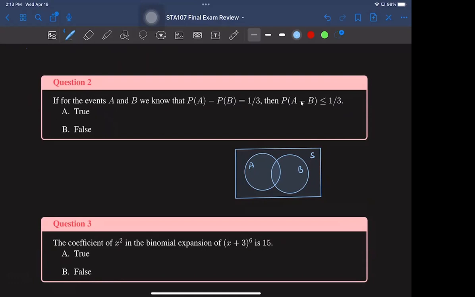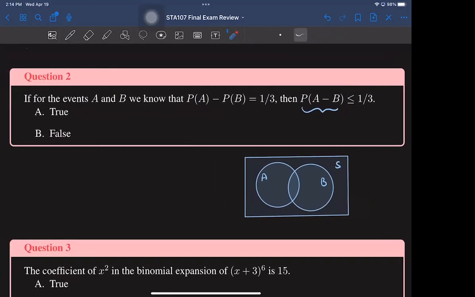Let's break this down. This one says that the probability of A exclude B is at most 1 over 3, and A exclude B is this part. Okay, I see some student answer: if A and B do not overlap, it could be false. Yes, that is correct.